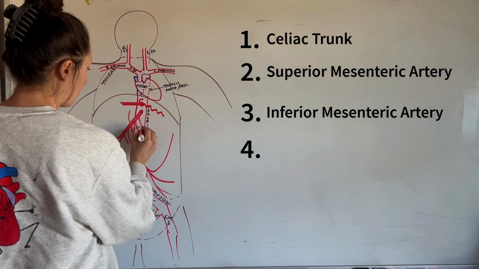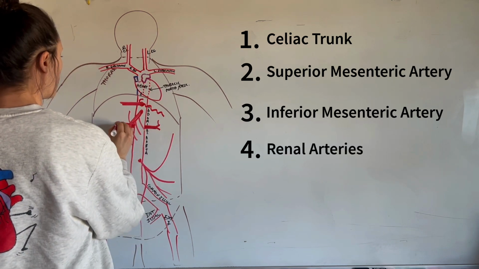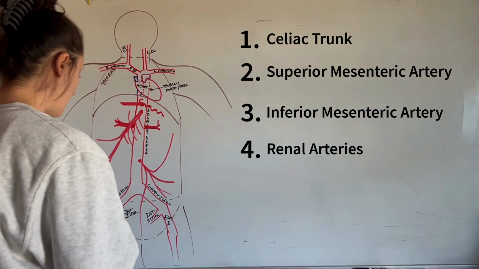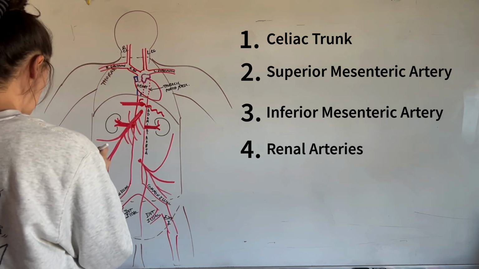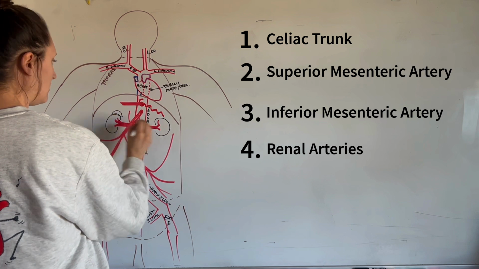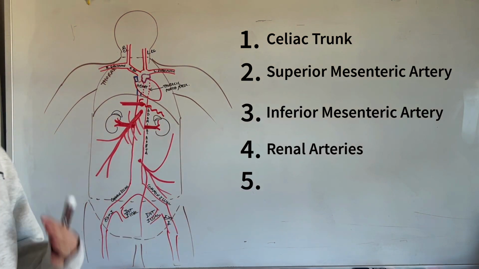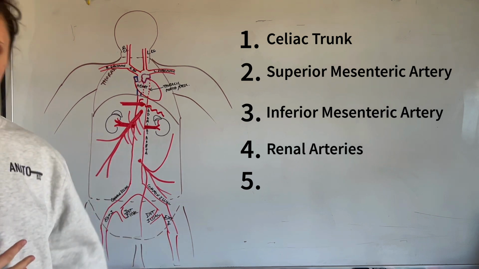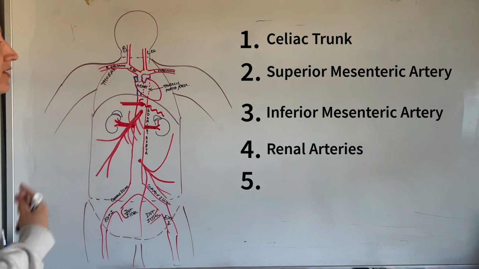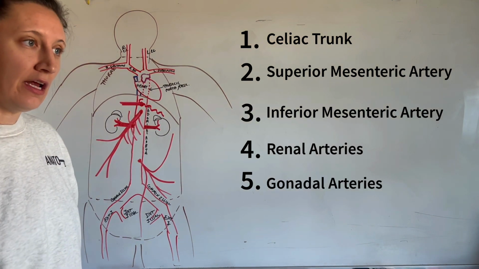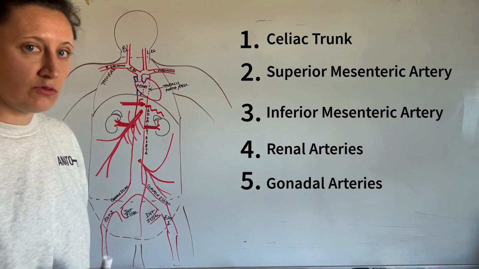So our 4th branches are going to be the renal arteries that are going to provide blood supply to mainly the kidneys, as well as some blood supply to the adrenal glands on top of those kidneys. And then the 5th one that is here, but not always talked about in this unit, just to give you a full picture, is your gonadal artery. It comes directly from your abdominal aorta and goes down to your gonads.